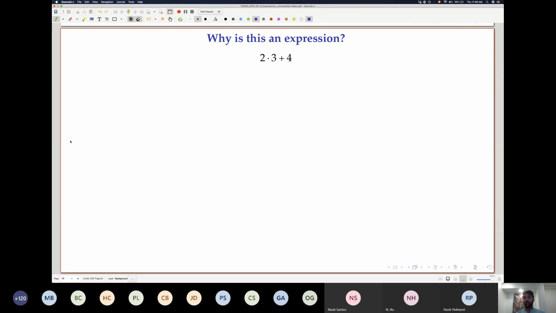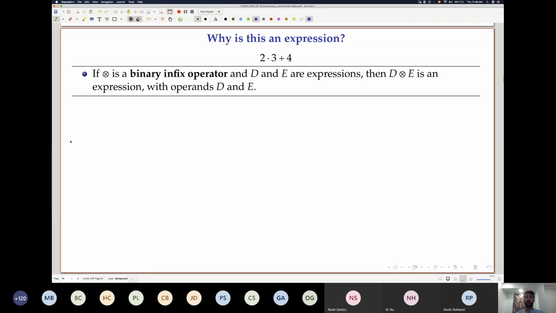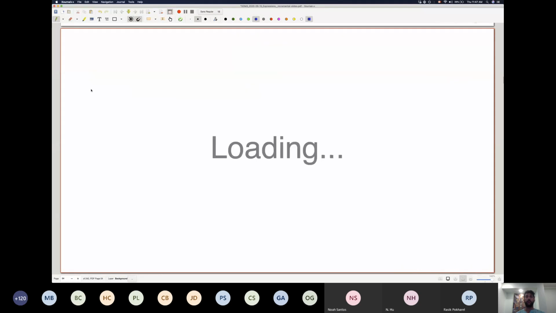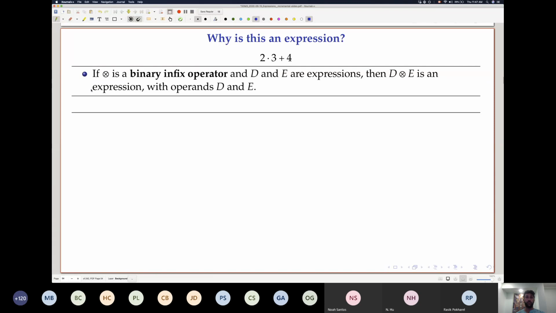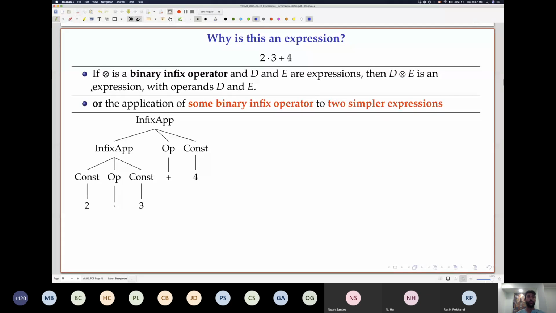So for example, 2 times 3 plus 4 is written in a concrete syntax because it uses a language that you're comfortable with, infix operators written in the middle. But if we look at the associated tree, here's the tree associated with it.